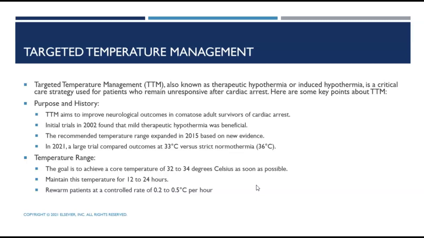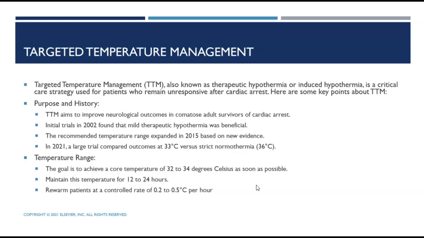So I think most places are starting to adopt this strict normothermia range of looking to keep the patient at 36 degrees Celsius rather than making the patient cold to prevent brain damage. So that's that shift in things to more evidence-based best practice, that we don't need to make them cold. We just need to make sure that they don't get hot.